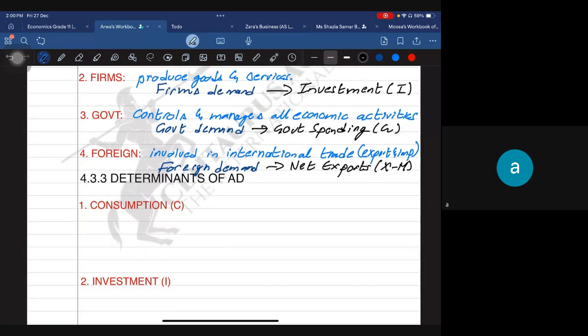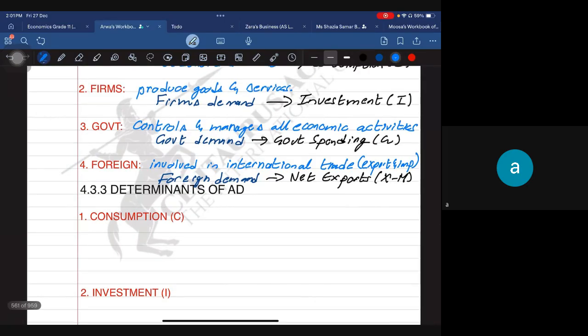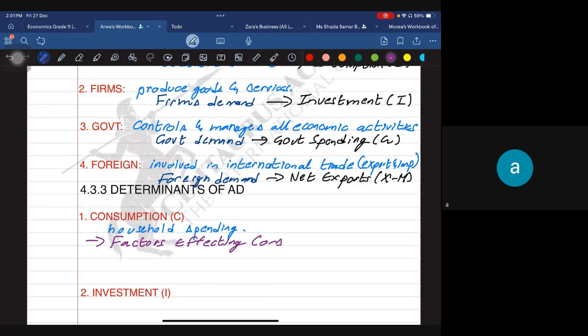Now, what are the determinants of aggregate demand? First thing is that consumption is the number one thing, which is the household spending. We can call consumption as household spending, isn't it? Now, what are the factors affecting the consumption? I think number one has to be the income level. The higher the income, the more they can spend. They'll have more disposable income to spend.